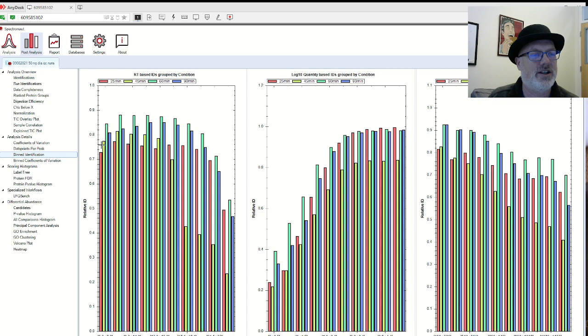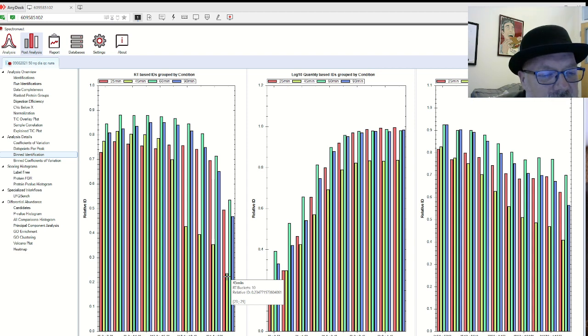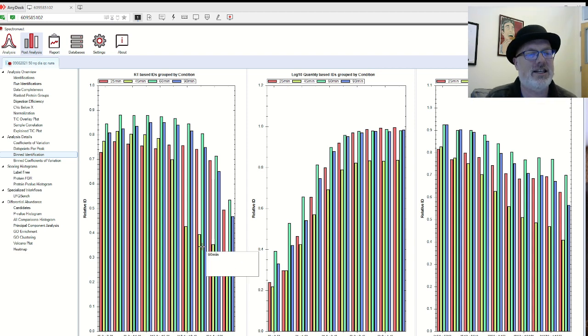What you don't want is, for example, on this yellow one, which is the 45 minutes, we're identifying less at the end of the gradient than we are with the 60, the 90 and the 25. So at the end of the gradient, the 45 minute is not doing so good, which means we might have to just adjust the 45 minute.